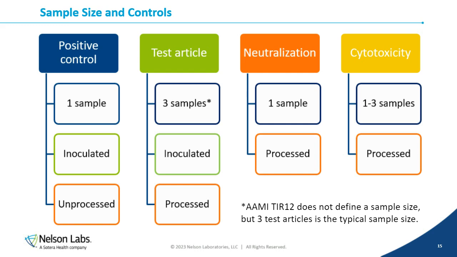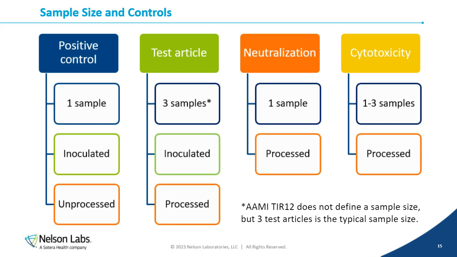And this will give us a starting microorganism level on the device, and it's what we will use to calculate the log reduction for the test articles. For test articles, typically there are 3 test articles, and those are samples that will be inoculated, and they will then be processed through that disinfection procedure.